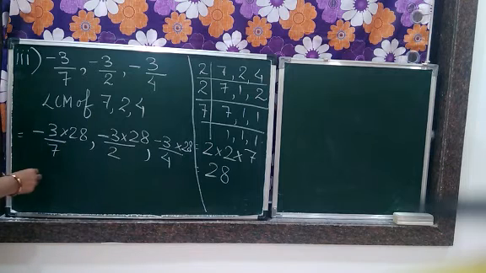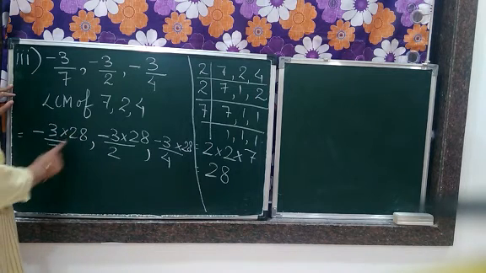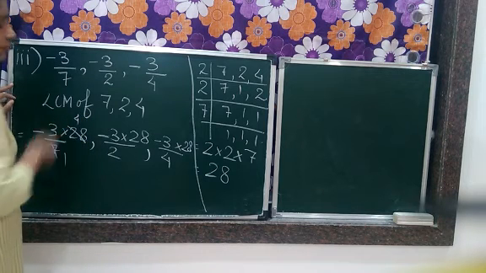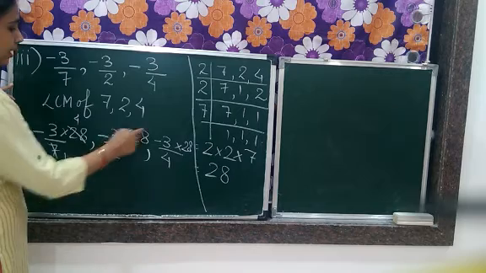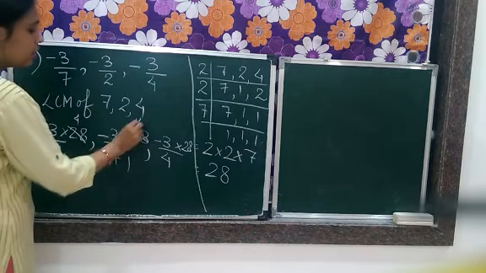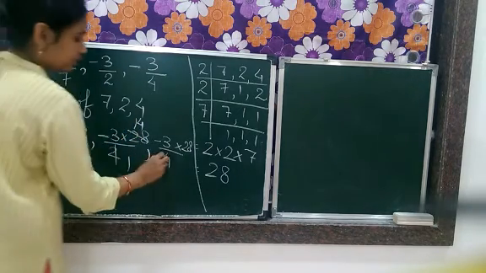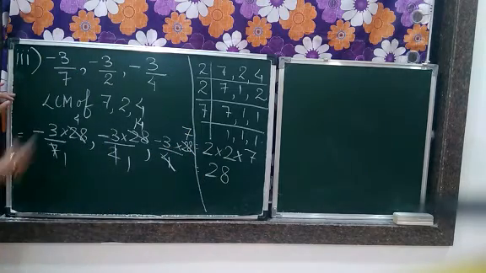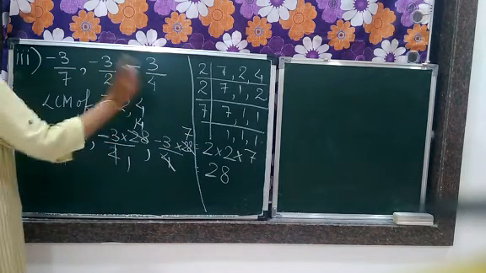Now 7 and 4 will get cancelled. Yes? Sorry, 7 and 28 will get cancelled. 7 ones are 7, 7 fours are 28. 2 and 28 will get cancelled, 14. 4 and 28 will get cancelled. Now, whatever is left over, that we will write.